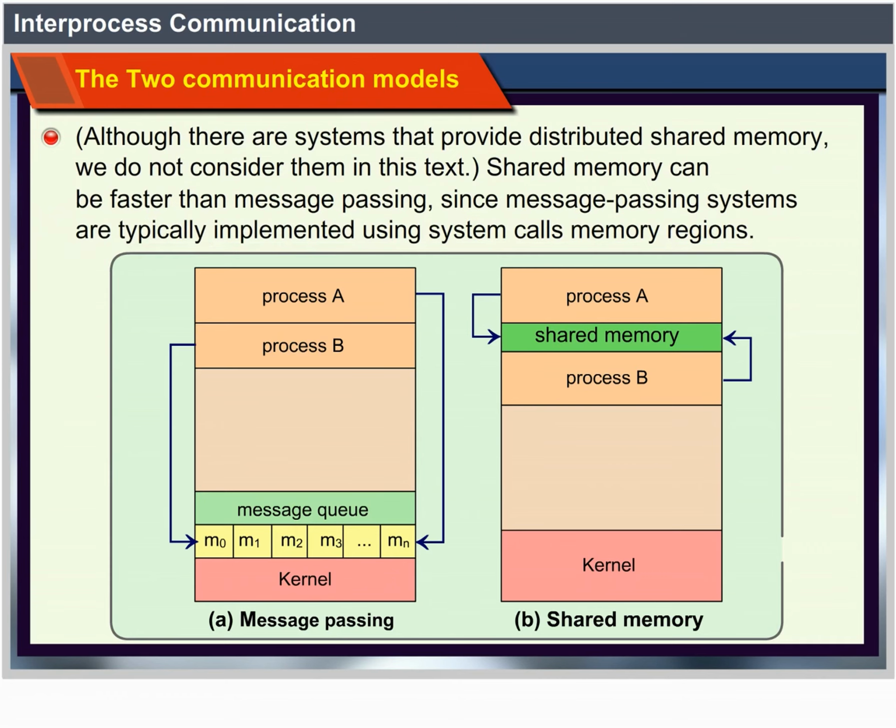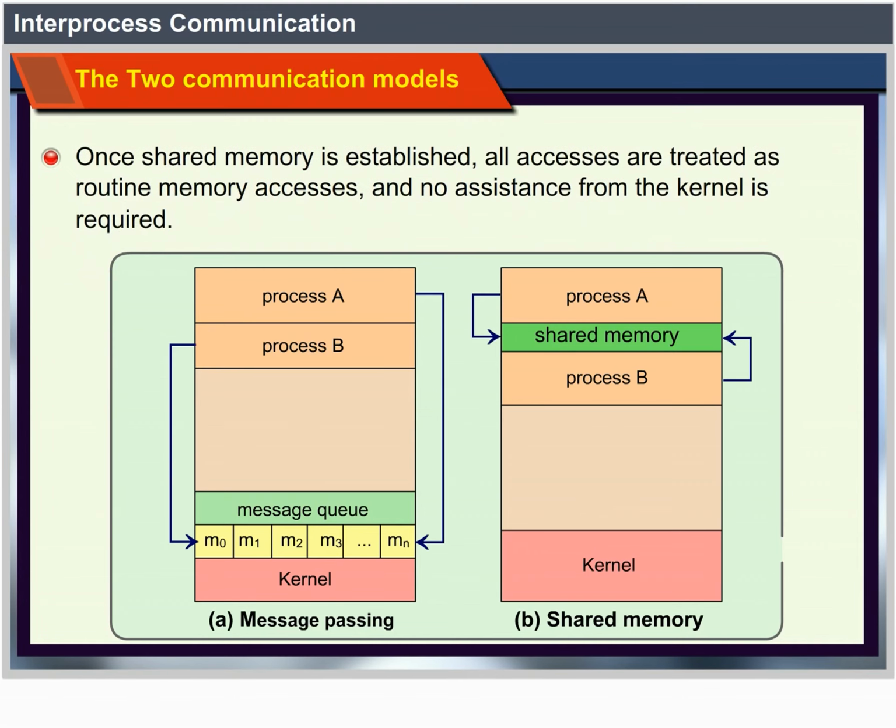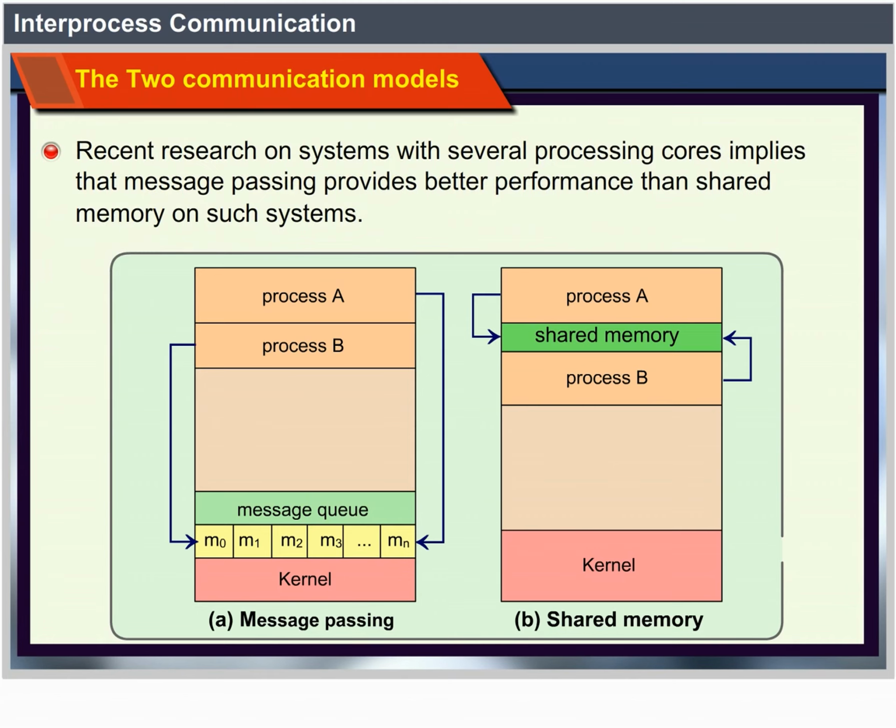Shared memory can be faster than message passing, since message passing systems are typically implemented using system calls. Once shared memory is established, all accesses are treated as routine memory accesses and no assistance from the kernel is required. Recent research on systems with several processing cores indicates that message passing provides better performance than shared memory on such systems.